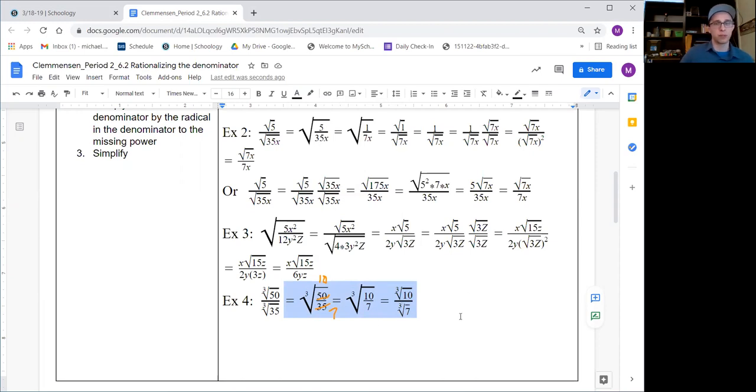And now we need to multiply by that missing index. This is where the missing power part comes in. Because if I just multiply this by the cube root, that's not a very good cube root.